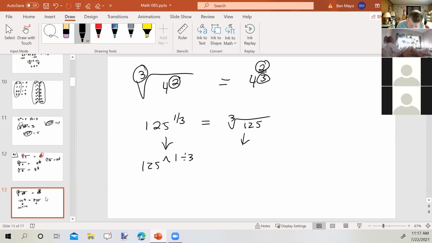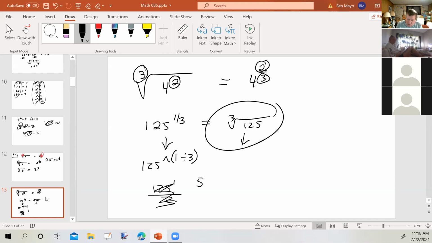I have to tell the calculator that the exponent is 1/3. If I don't put the parentheses in there, it thinks I'm taking 125 to the 1 power divided by 3, okay? So you've got to group or parenthesize that 1/3 exponent. So 125 raised to the parentheses 1 divided by 3 power comes out as 5.